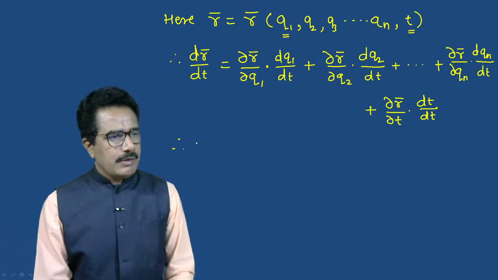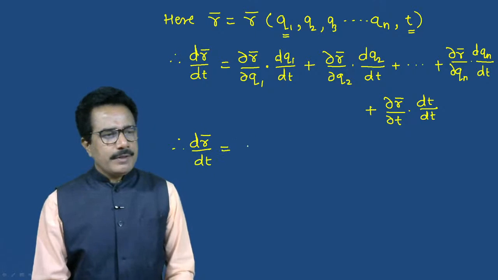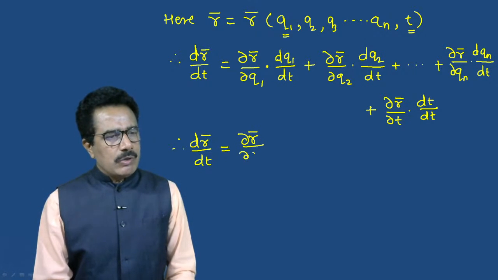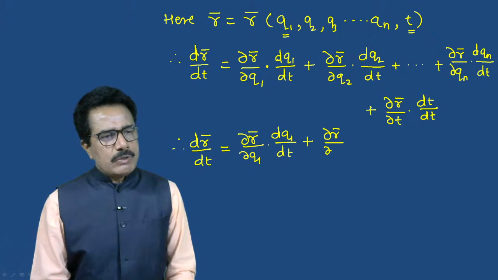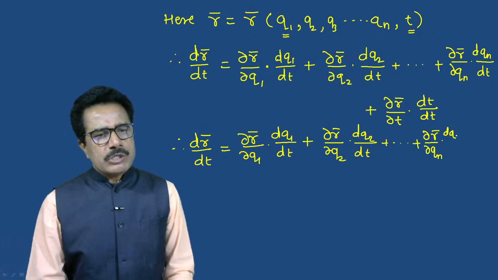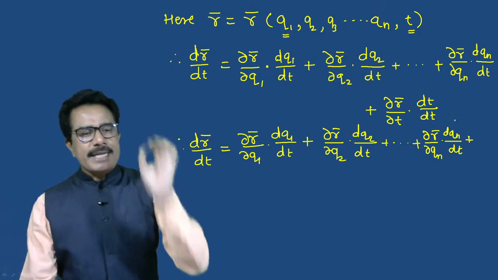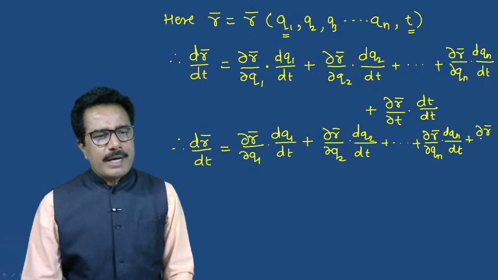So dr bar by dt is given by dou r bar by dou q1 into dq1 divided by dt, plus dou r bar by dou q2 into dq2 by dt, plus dou r bar by dou qn into dqn divided by dt, plus, since dt by dt is again 1, the remaining term dou r bar by dou t.